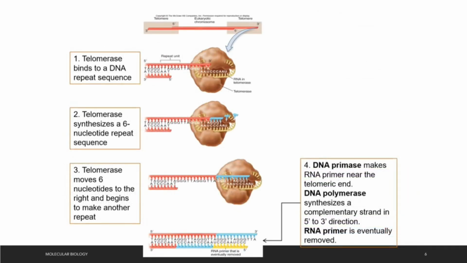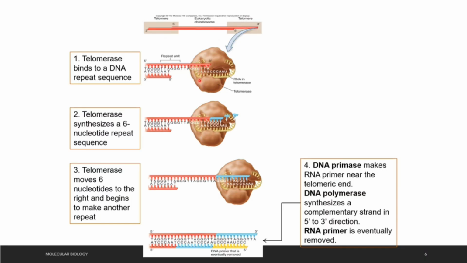So how does telomerase exert its function? First, the telomerase is going to bind to the repeated sequence, the telomere sequences at the end of DNA. So you can see in this picture, this orange, this brown color thing is the telomerase, and it's carrying a piece of RNA, which is the yellow color molecule here. And the RNA will base pair with the end of the telomere sequence on the chromosomes.